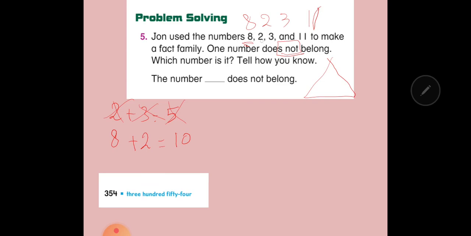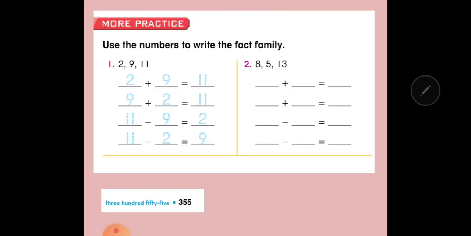Do you see here that I have 10? No. Let's try 8 plus 3 equals 11. You see I have 11, I have 3, I have 8. Who is not in this family? If you write 11 is the daddy, 8 and 3. Who is not from this family? 2 is not from the family. So I will write 2. The answer is 2. Now let's move to the next page.